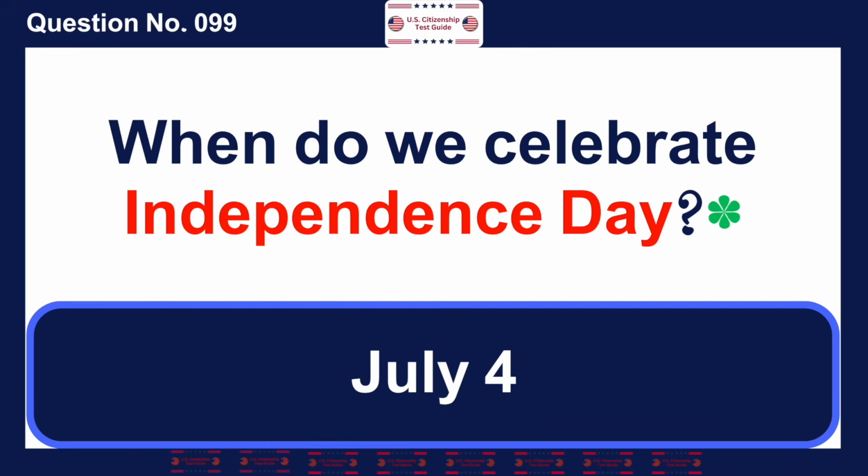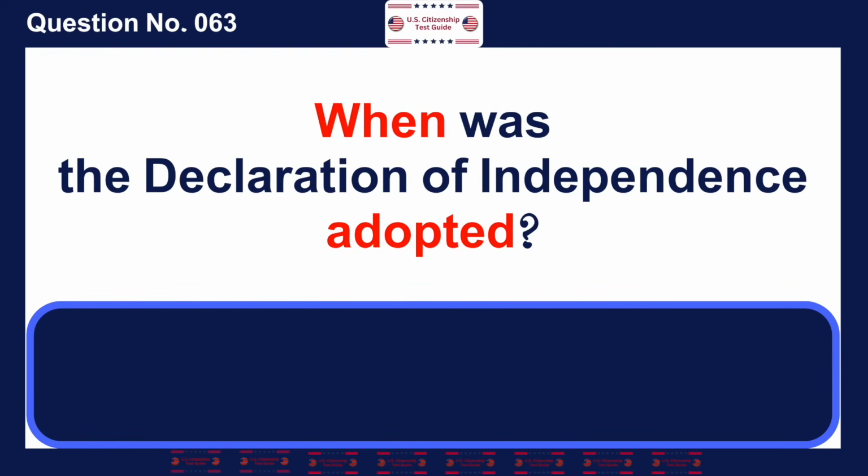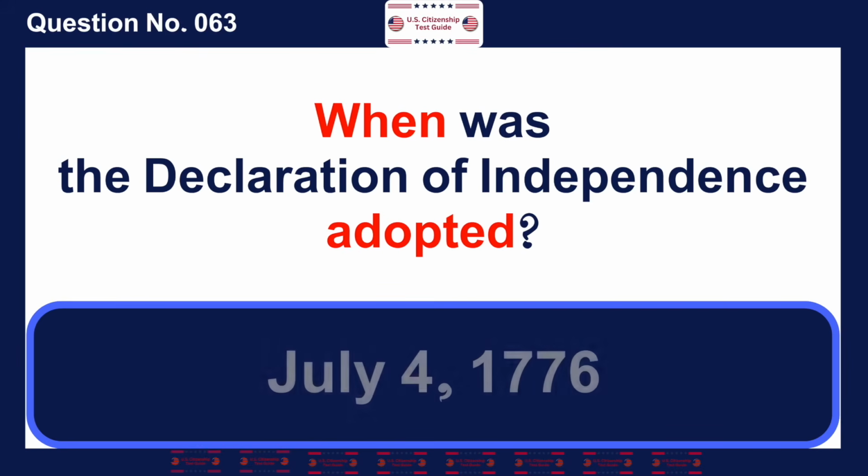July 4th. When was the Declaration of Independence adopted? July 4th, 1776.